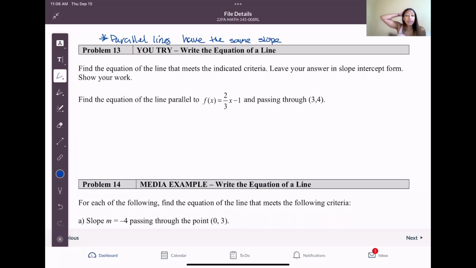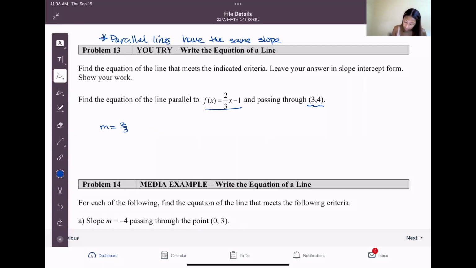Okay, here we're asked to find a line that's parallel to this given line but goes through the point (3, 4). So since our line has to be parallel to the one that's given, we know that they have to have the same slope. So our slope m is going to be equal to 2/3, and we're going through the point (3, 4).